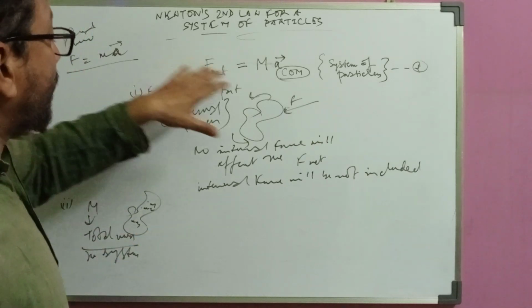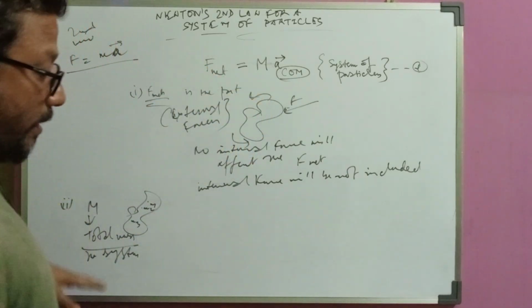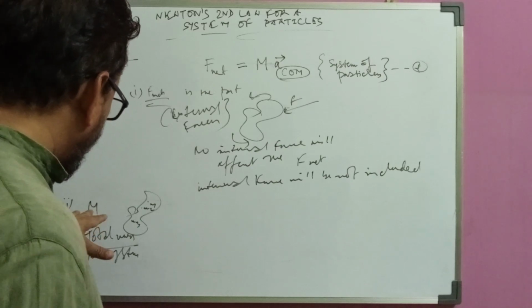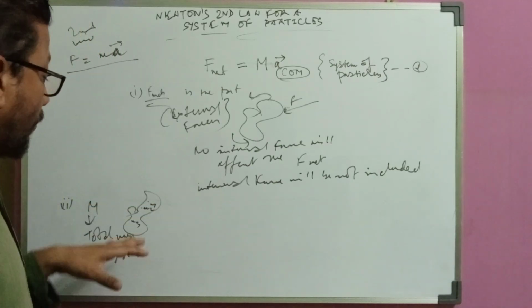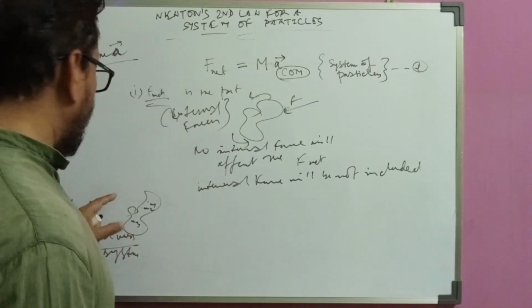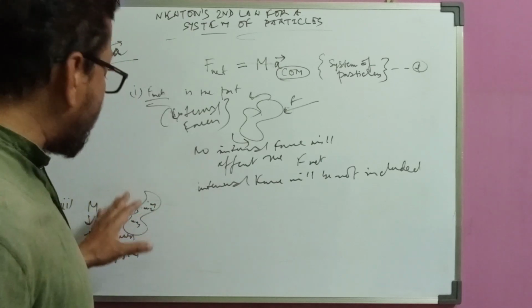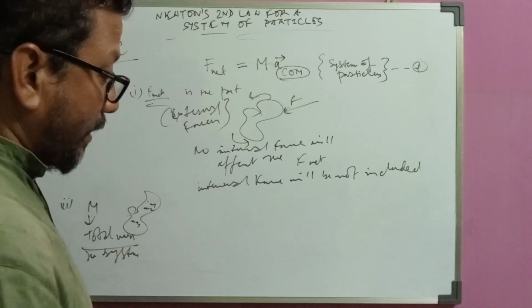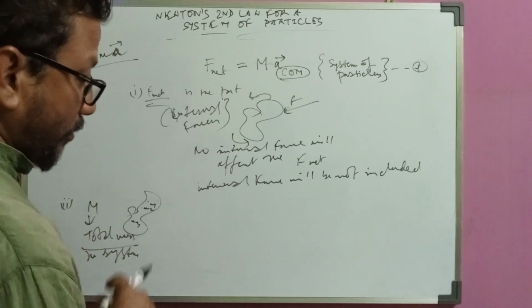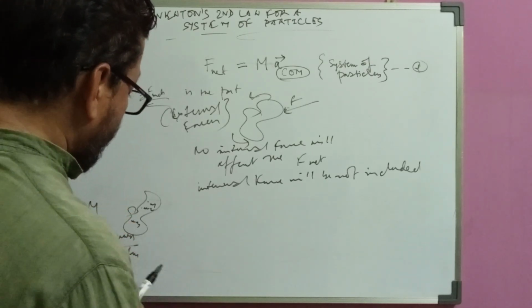Now this is the F net we learned. Now we come to the M. There is no inclusion of mass in this, so the mass remains constant. So the system is said to be closed.